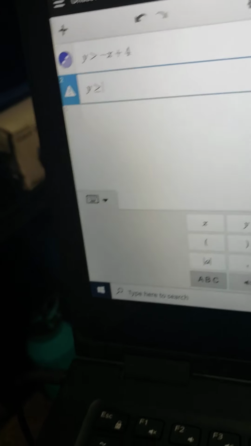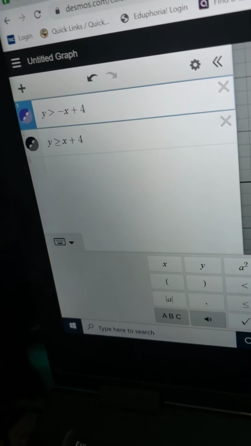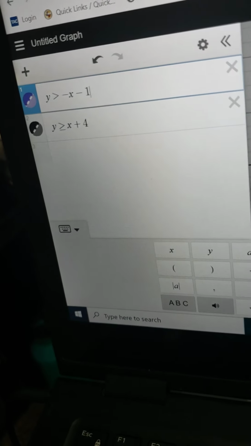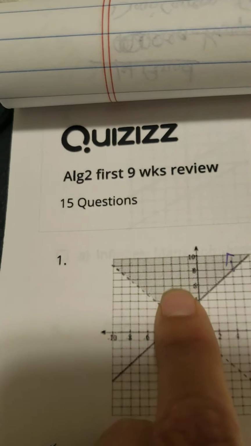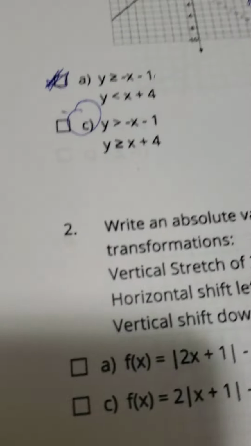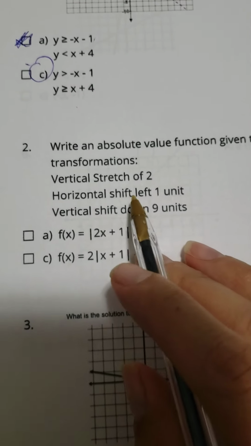Oops, I typed in the wrong one. X plus 4 was the second one. The first one is negative x minus 1. Okay, and then you match it up. It overlaps in this corner. So, yep, there it goes. It overlaps there.